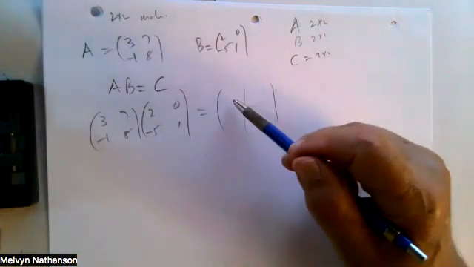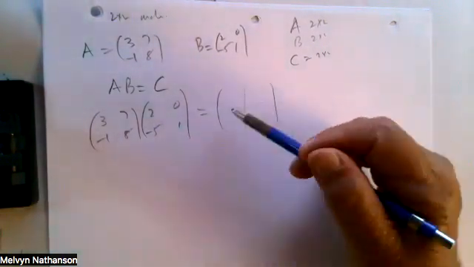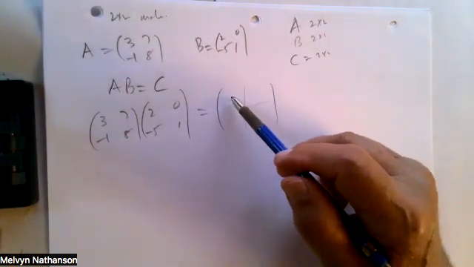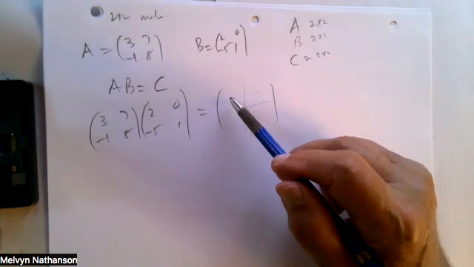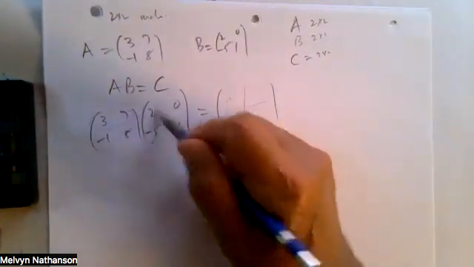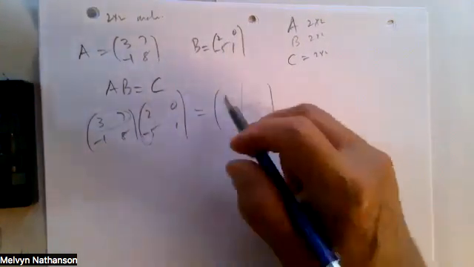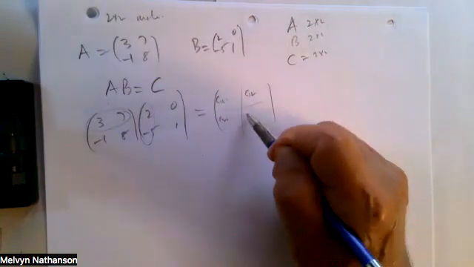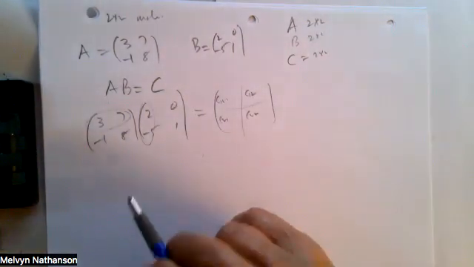I have to find the numbers that go into the 4 coordinate places. This is the first row, first column number, so I multiply the first row by the first column. This is going to be my C11, C12, C21, C22. What are these equal to?